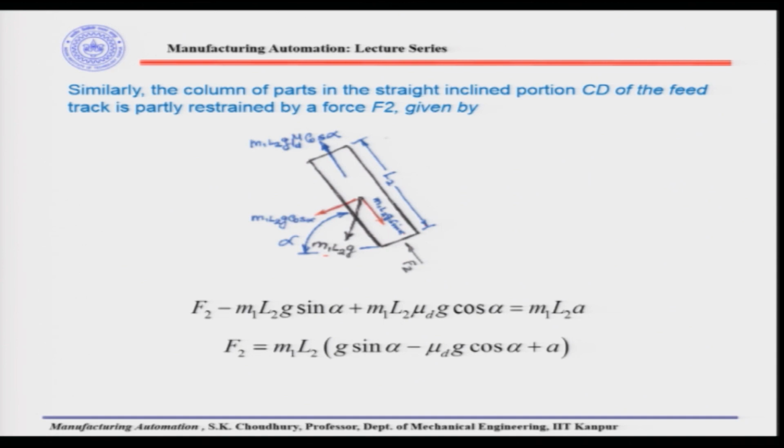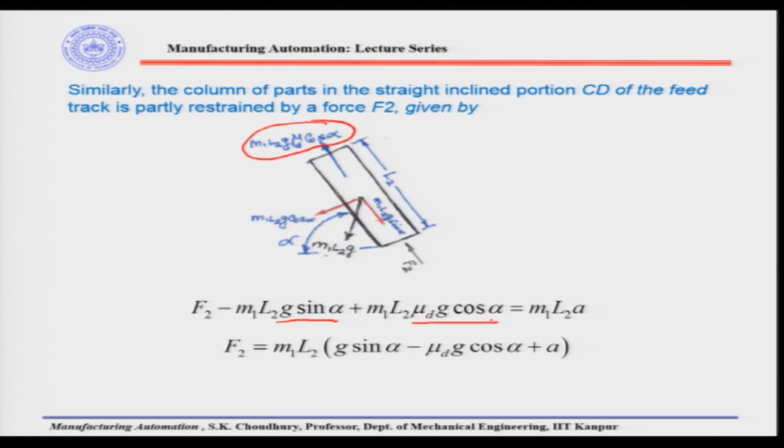So, from this diagram we can find the equation of motion. F2 in the opposite direction is M1 L2 g sin alpha. And then there is one more force along F2, which is M1 L2 mu d g cos alpha.